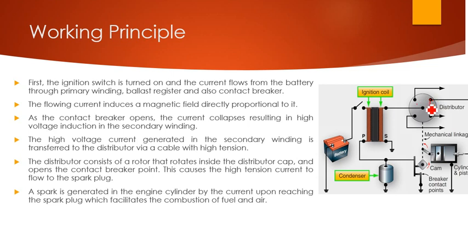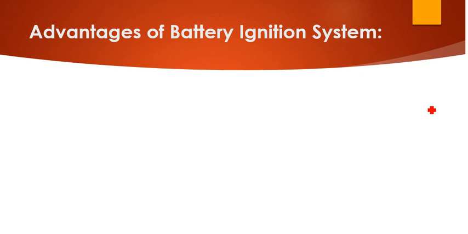From these 4 distributor points, the current will be passed to the 4 combustion chambers, and in each combustion chamber we have one spark plug, and the spark plug generates a spark and the combustion starts.